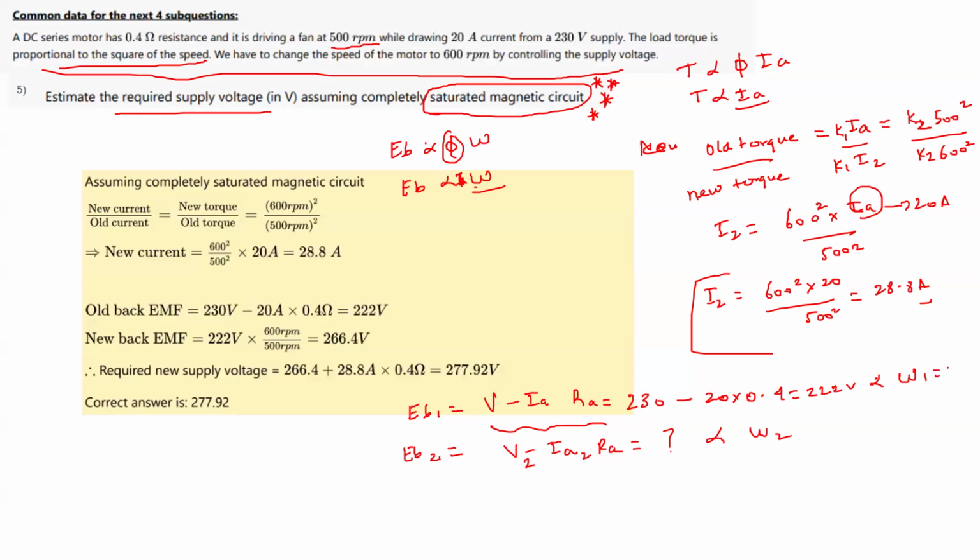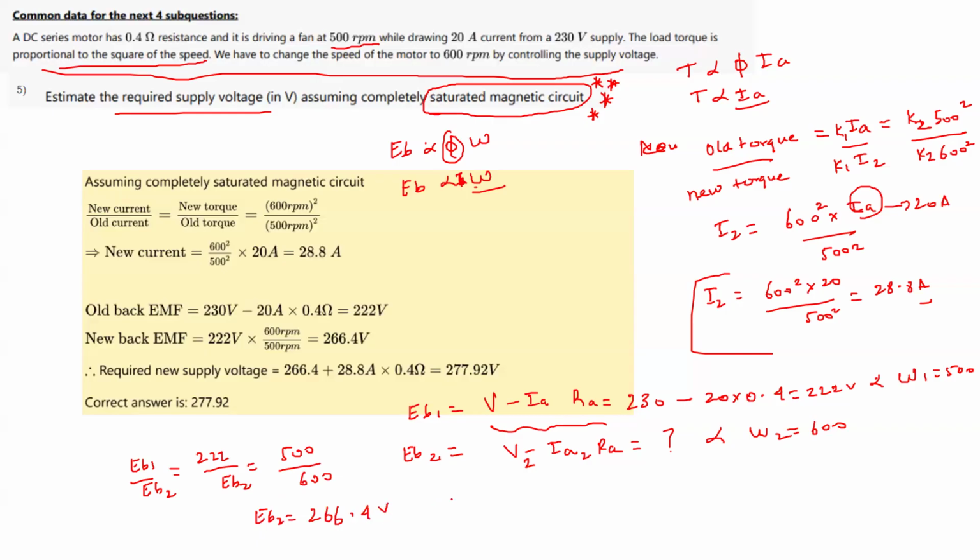So omega 1 we know as 500 and omega 2 we know as 600. If we take the ratio of the two cases, EB1 by EB2, we get 220 by EB2 is equal to 500 by 600. If we do this, we will get EB2. So the new EB2 is 266.4 volt.